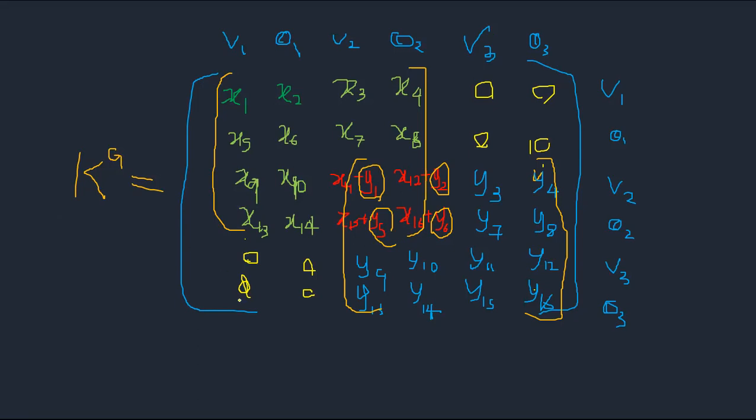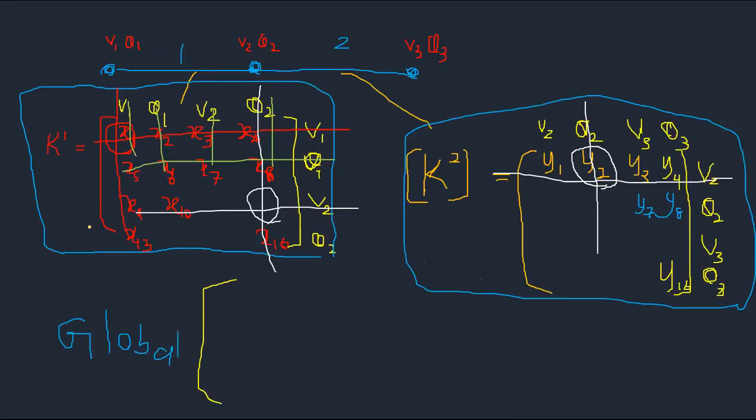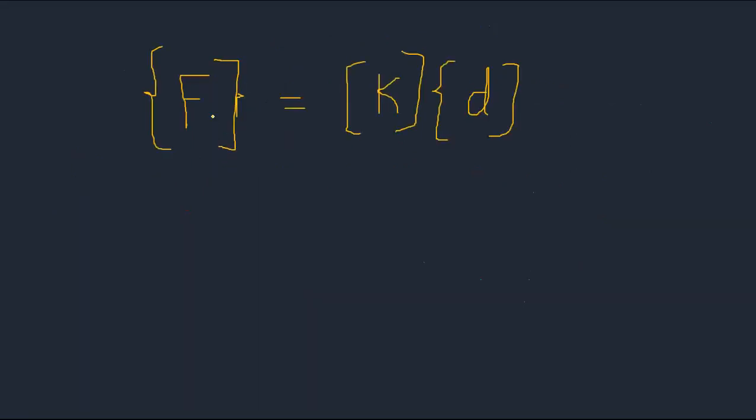So if you write the force equation, you know force is equal to stiffness into displacement. This is for the global structure, right? In the global structure, we don't know what the forces are, okay? So I'll write, again in that same order, F1.